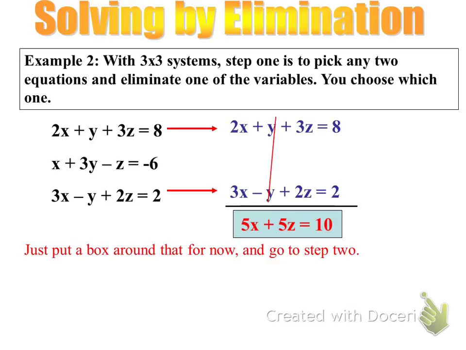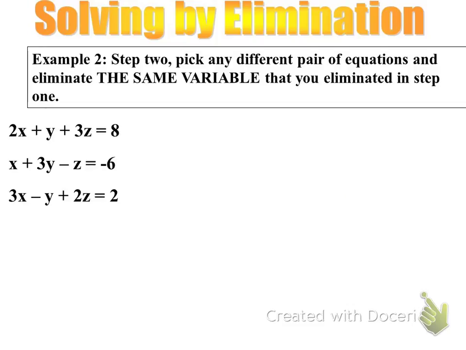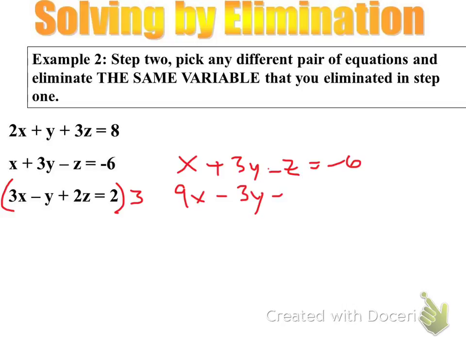All right, we've got to eliminate y again. Let's use equation 2 and 3. How about that? What would we do to eliminate there? Multiply equation 3 by what? If we're eliminating y, we need to multiply it by 3. So that's going to give us x plus 3y minus z equals negative 6, and then the third equation is 9x minus 3y plus 6z equals 6.